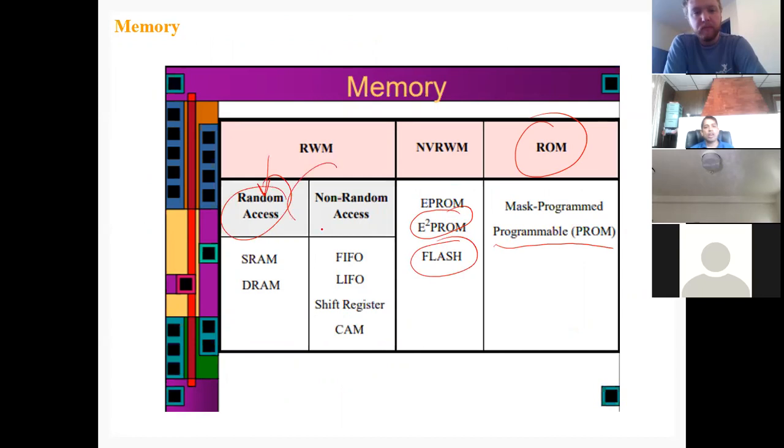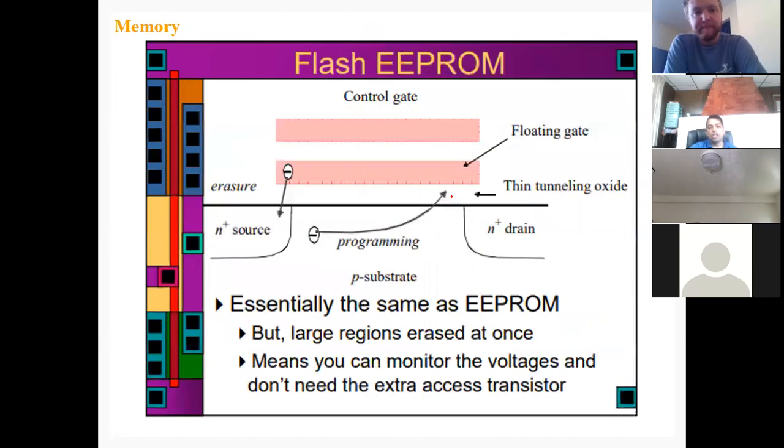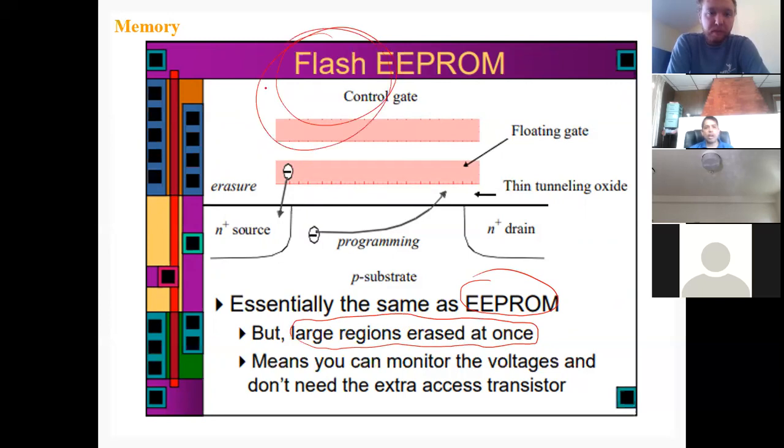All kinds of stuff. The main characteristic of E squared PROM is that we can erase large regions at once. That's the advantage of flash memory, which we use nowadays.